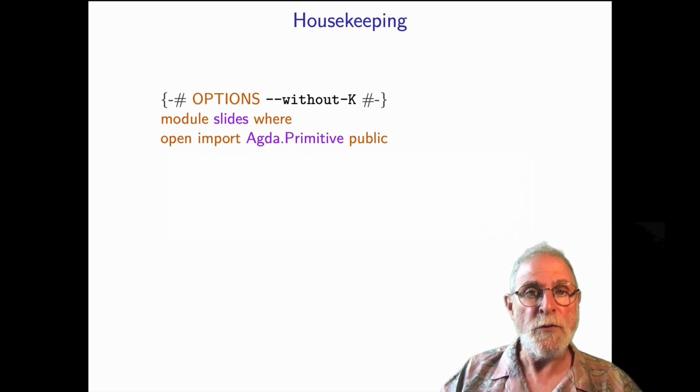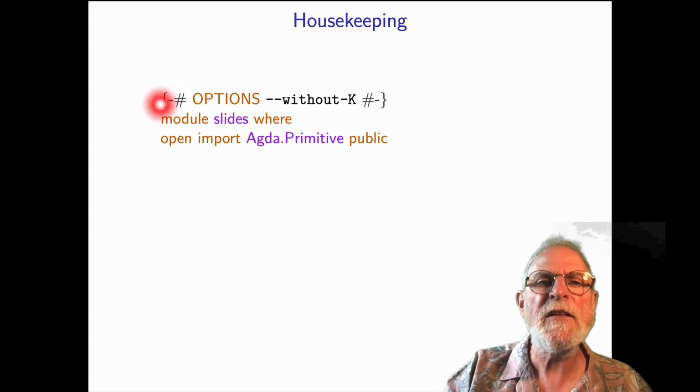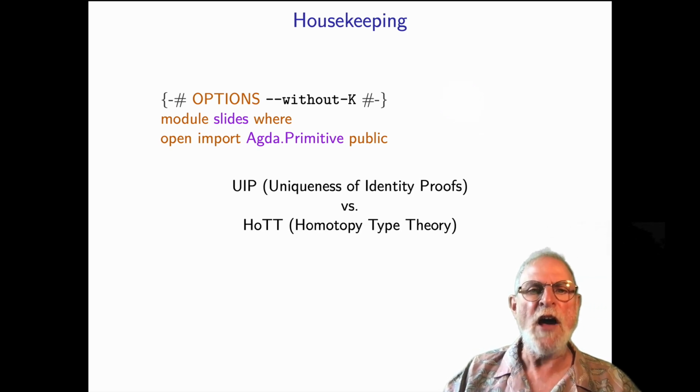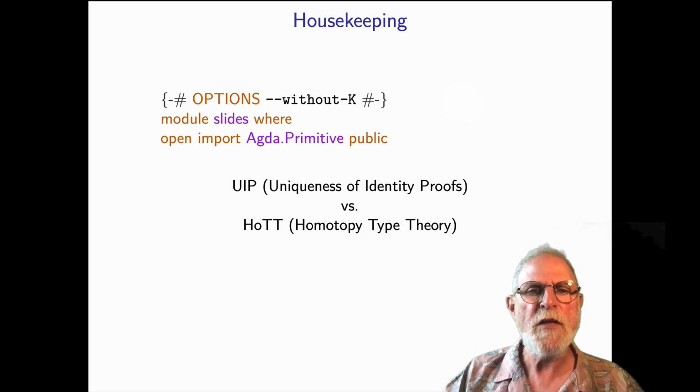Now, when you do literate Agda, I strongly encourage you to publish everything. So in this paper, we've published everything, even this little pragma at the beginning, which is a technical point, which says that we're not using uniqueness of identity proofs, and which means that everything that's done here is compatible with homotopy type theory, where you might have more than one proof that two things are equal.